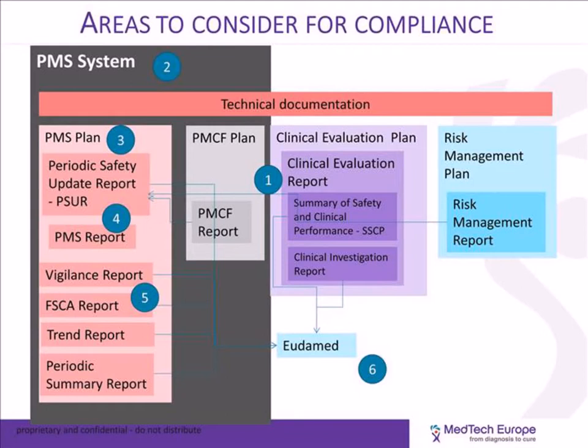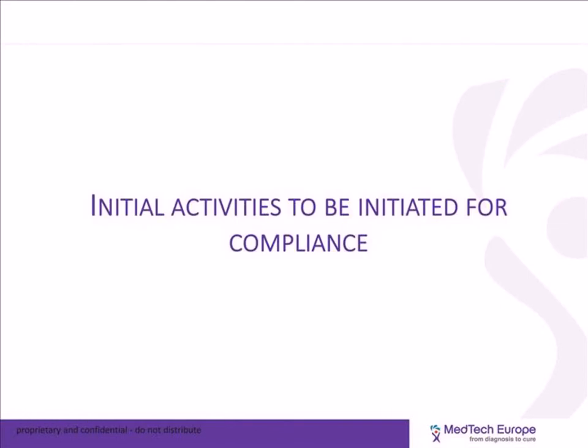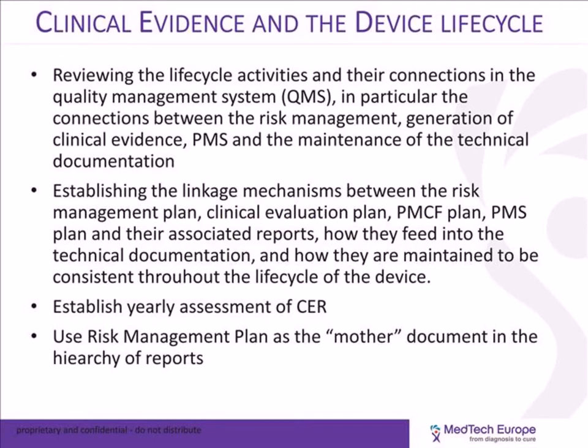We have identified 6, which are numbered here in this slide, and we brainstormed on how we can maintain compliance and what could be the early initiatives that can be taken during the transition phase so that we can plan for compliance with these reports. So this second and final part of the presentation will be a review of this initial activity for the 6 pressure points, I would say, that have been defined here.